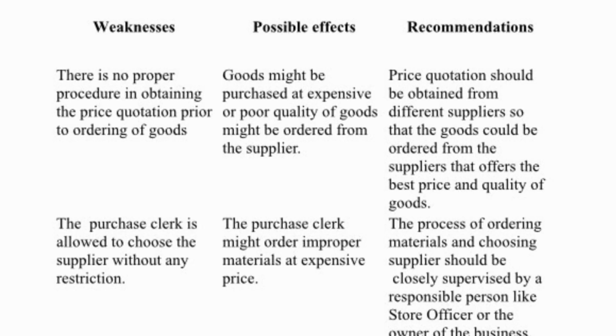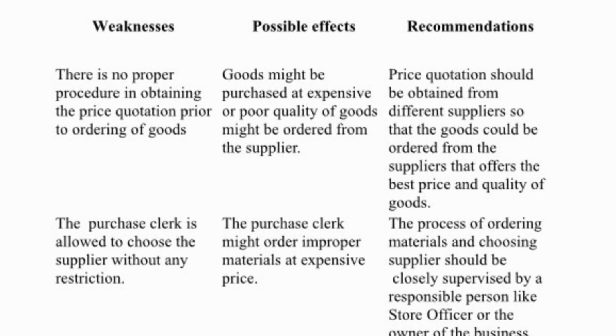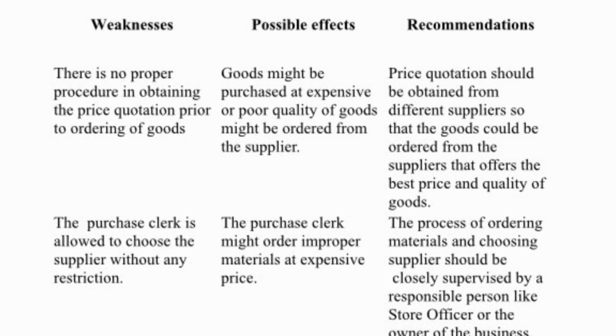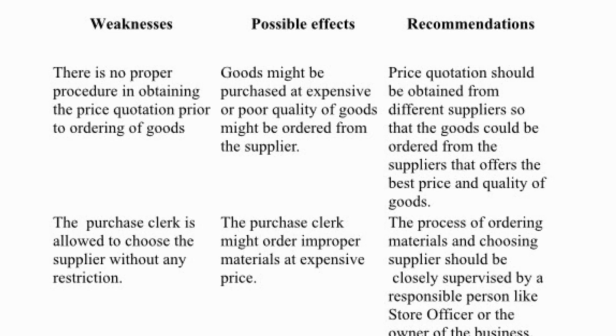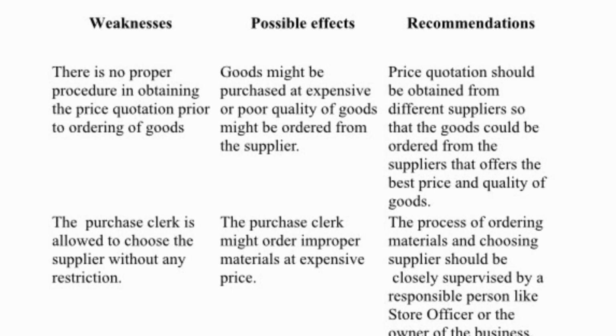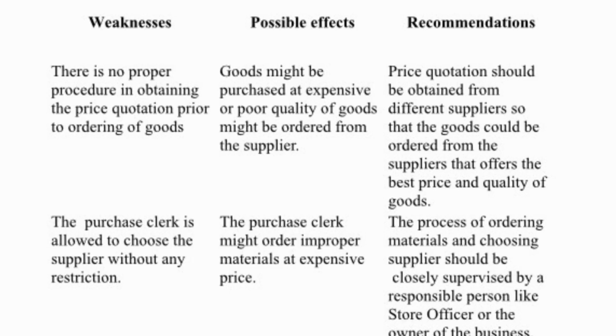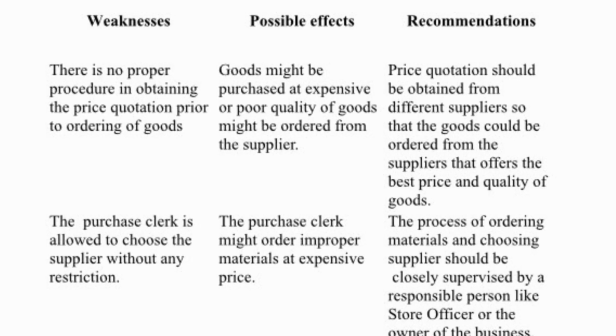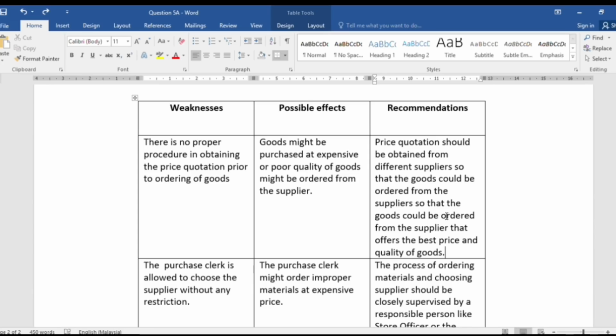What could happen from this is the goods might be purchased at an expensive price or of poor quality from the supplier. The recommendation for this weakness is the price quotation should be obtained from different suppliers so that the goods could be ordered from the supplier that offers the best price and quality of goods.